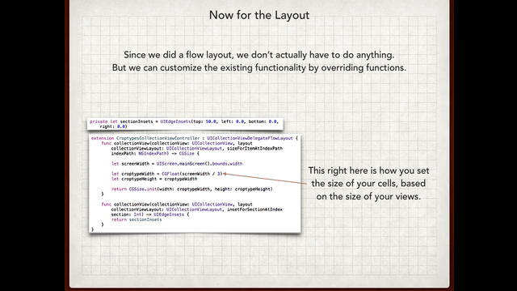But like I said before, you cannot set the size of your cells using constraints, because it is getting its information on what size it is from the delegate flow layout, or from the delegate layout if you are not using a flow layout.